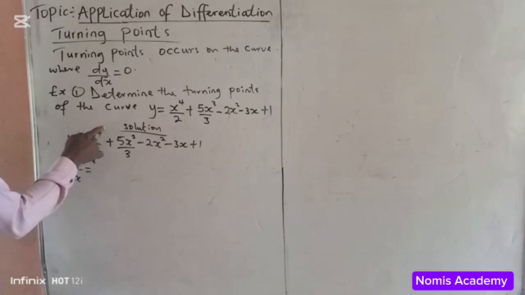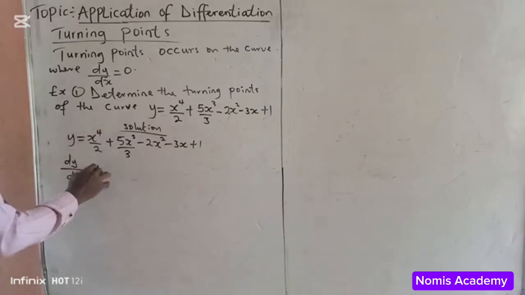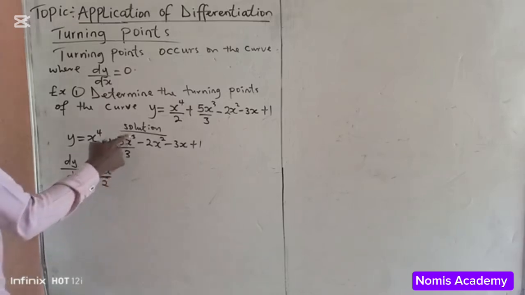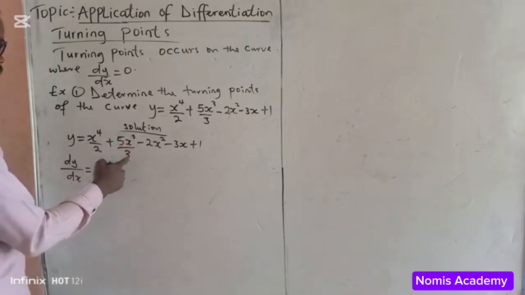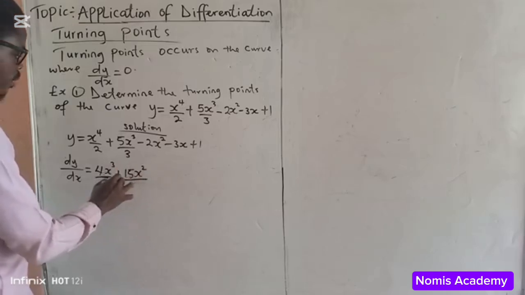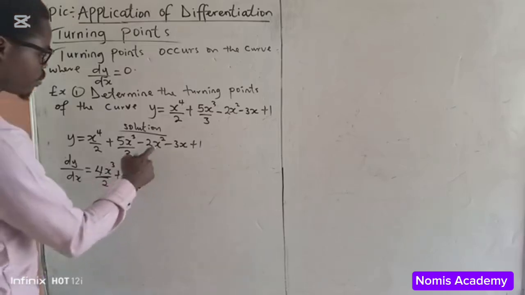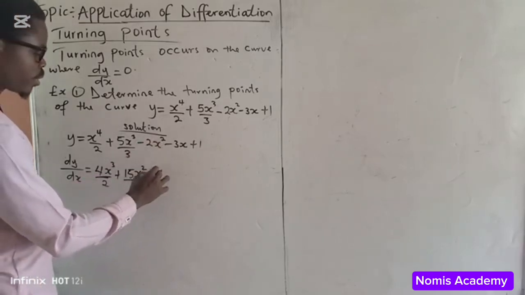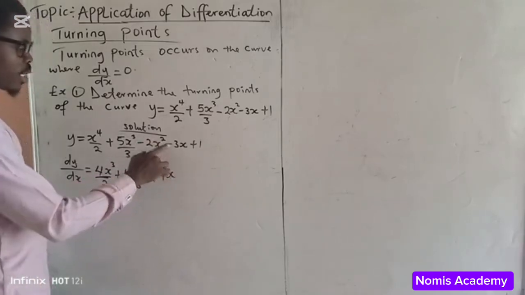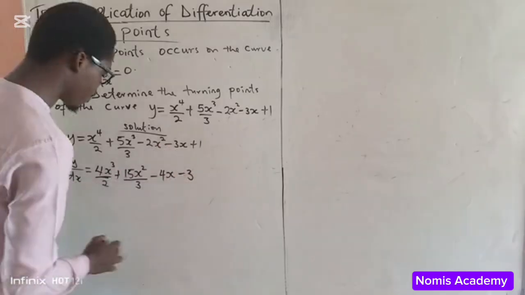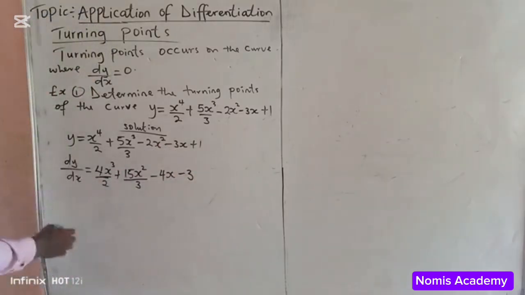Differentiate x to the power 4 divided by 2, we have 4x cubed divided by 2. Differentiate 5x cubed divided by 3, we have 15x squared divided by 3. Differentiate minus 2x squared, we have minus 4x. And then differentiate minus 3x, we have minus 3.